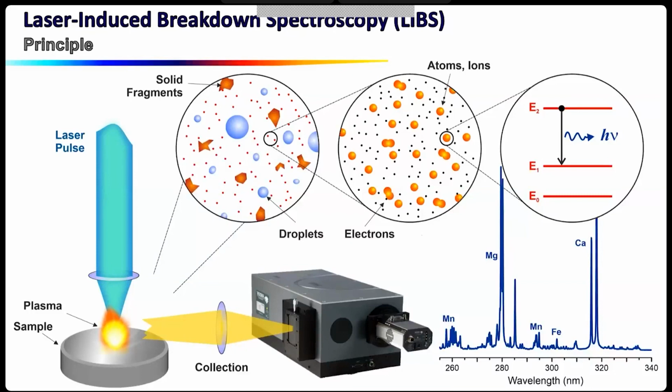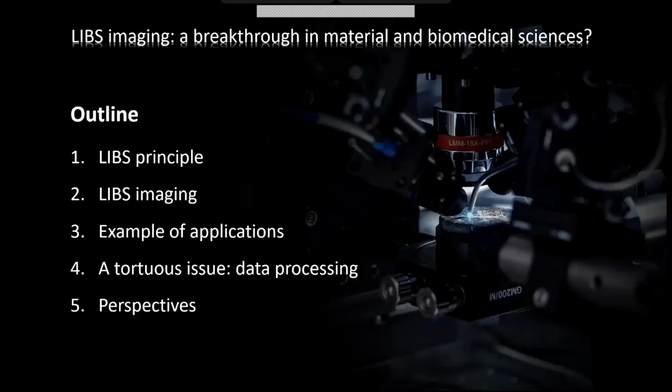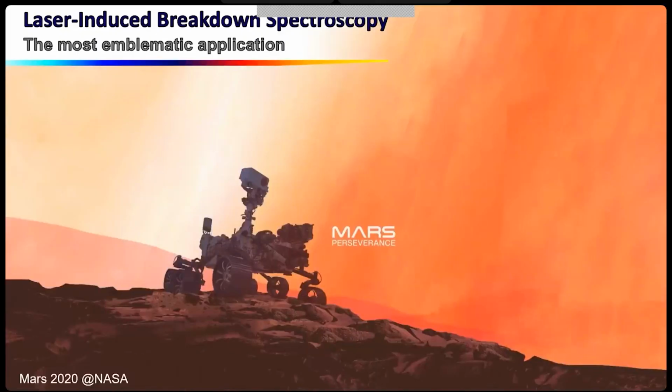There is a very emblematic application of LIBS. I'm sure you have already heard about LIBS, because for 10 years now, LIBS has been equipping the rover from NASA for the Mars exploration.